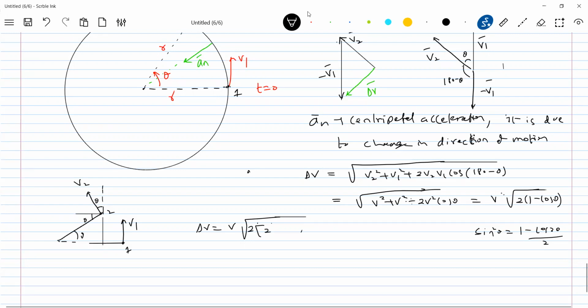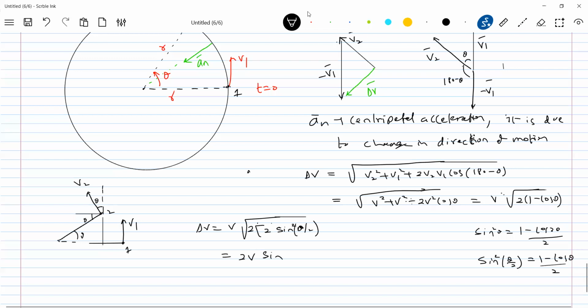I'm just taking help of the trigonometry. Sine square theta is 1 minus cos 2 theta by 2. So sine square theta by 2. Can you write it as 1 minus cos theta? So 1 minus cos theta, what can you write it as? 2 sine square theta by 2. So 2 into 2, this will come outside.